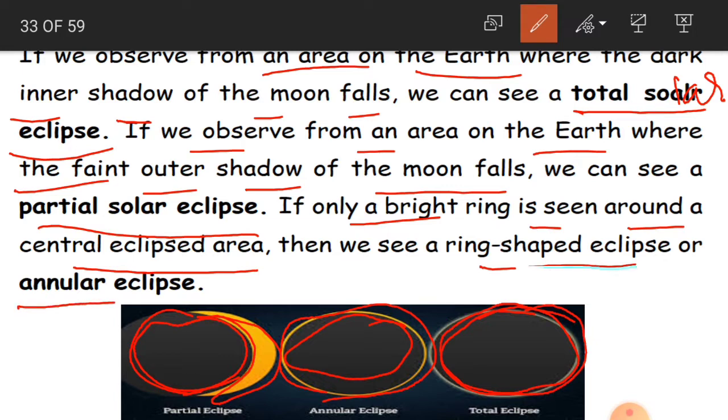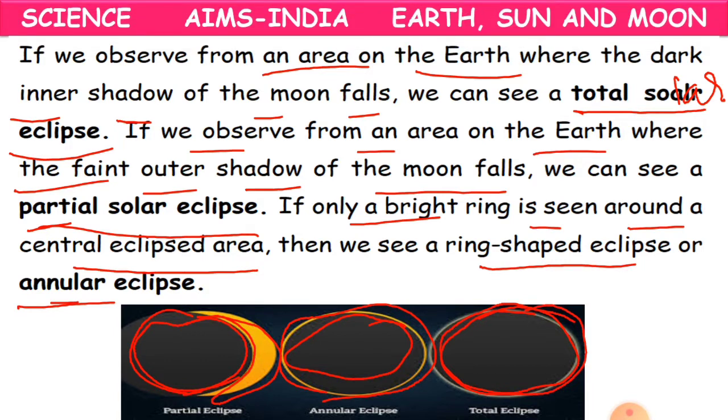We call it that if there is bright light in the shape of a ring, in a circular shape. Clear children? So you have three types of eclipse: total solar eclipse, partial solar eclipse, and annular or ring shaped eclipse.